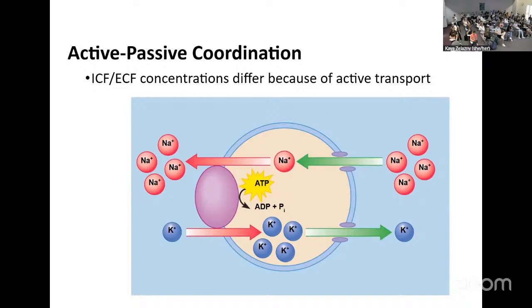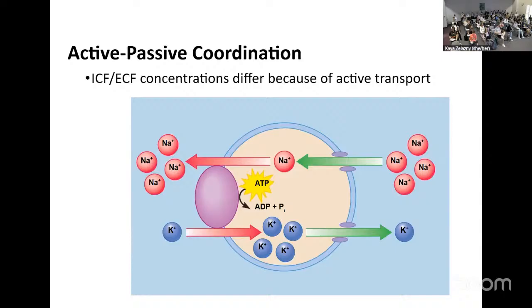So when we think about what's happening in a cell altogether, we're going to have all these things happening, right? We don't have a cell that only does active transport. We don't have a cell that only does passive transport. We're going to have coordination between lots of different proteins on the surface of our cells working together to fuel these processes and use these processes.